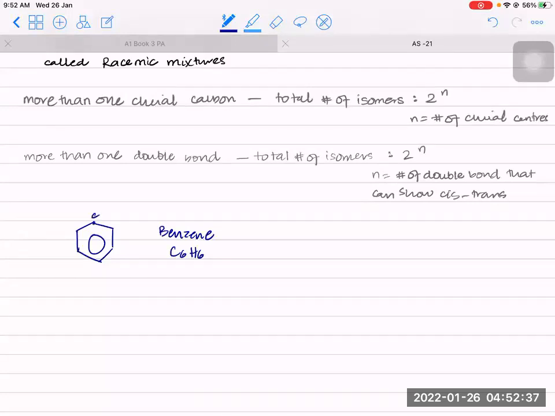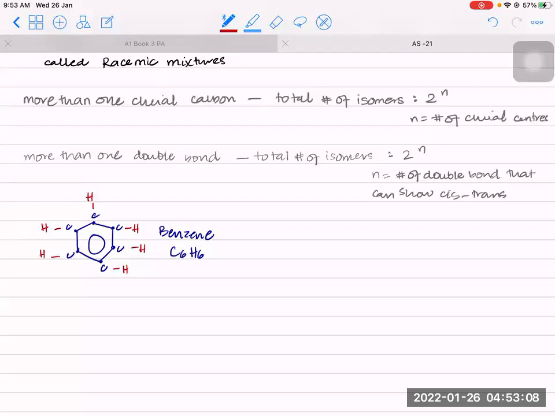Each corner here is a carbon, right? And each carbon is making 3 bonds. How? 1, 2, and this ring that you see in the middle, that is also a bond. All right, so each carbon is making 3 bonds. The 4th will be a hydrogen. So each carbon has 1 hydrogen. Yes?